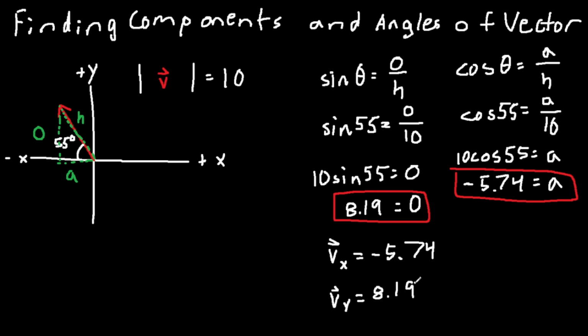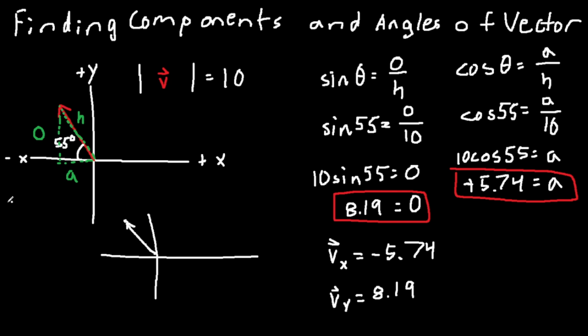And remember, the reason why the x value is negative is because we are in quadrant 2 for this vector here. And you don't even have to memorize that. You can literally just graph negative 5.74. You go a little bit to the left here, and you go up on the y value 8.19, and you get some point up here. And that looks like the vector that we just graphed.